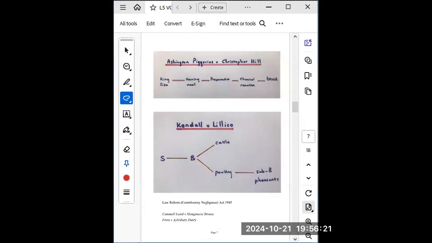Just note that the Law Reform (Contributory Negligence) Act 1945 does not apply to contract claims, only in the tort of negligence claims like misrep. Section 1 of the 1945 Act says damages can be reduced if a party is partly at fault.